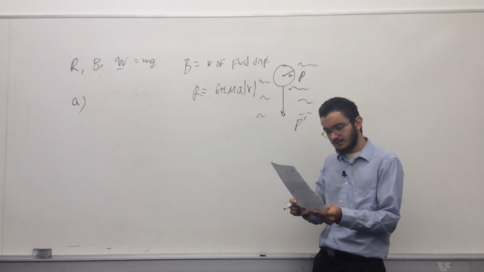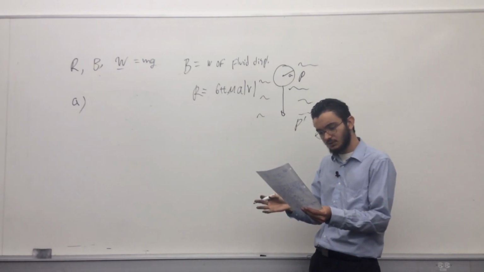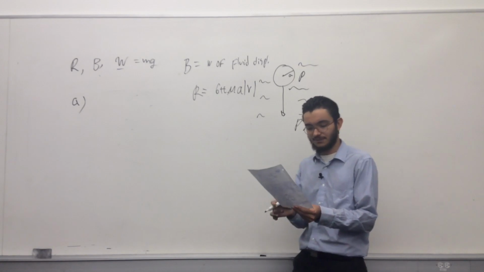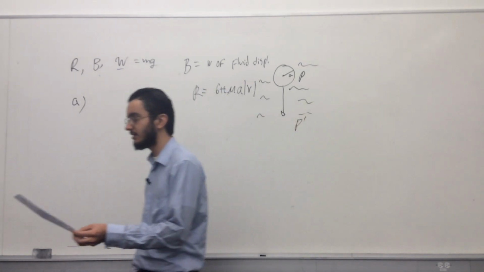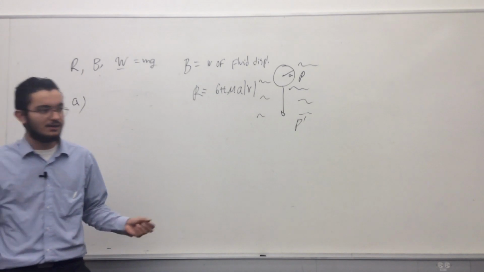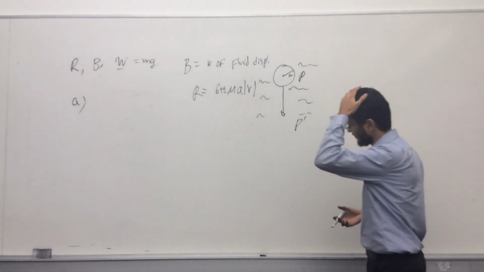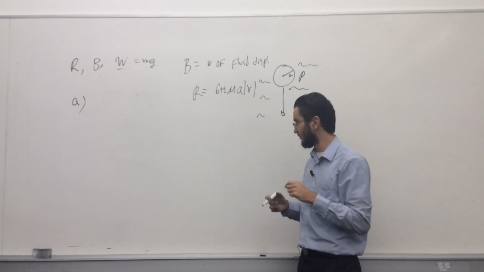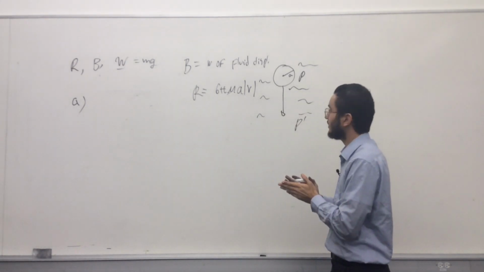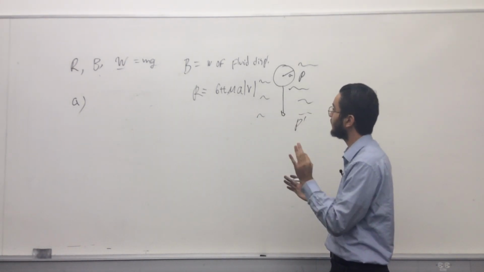So we're going to find the terminal velocity, vt, or limiting velocity. It looks like we're going to have to take a limit of the velocity function as t goes to infinity, and then we'll be fine. Now, we have three forces.